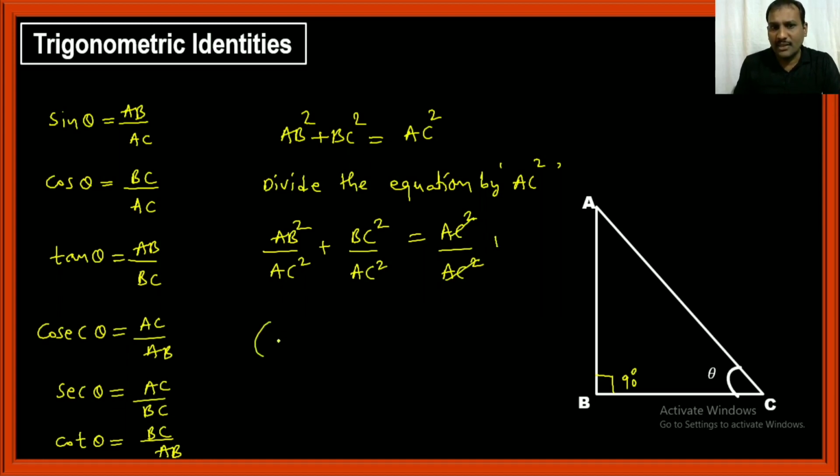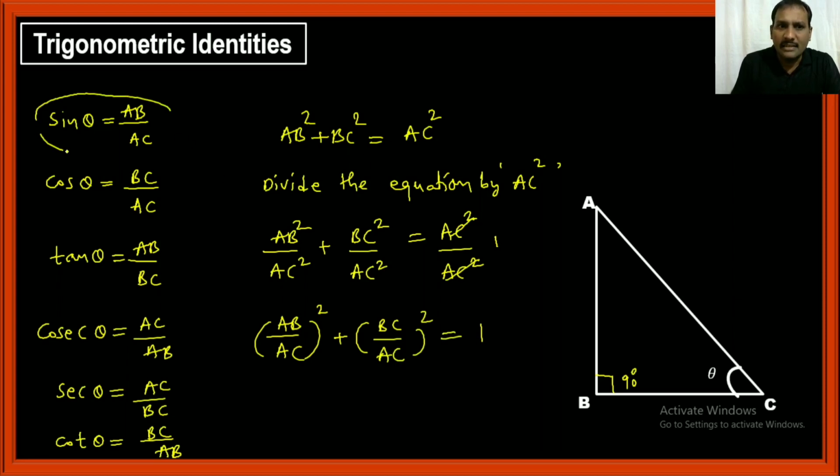And left side you can write AB square by AC square as AB by AC whole square plus BC square by AC square can be written as BC by AC whole square is equal to 1. But what is AB by AC here? This is sine theta. So you can write it as sine square theta plus, what is BC by AC?